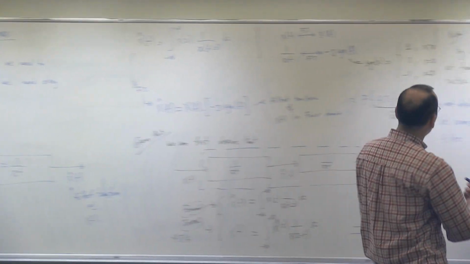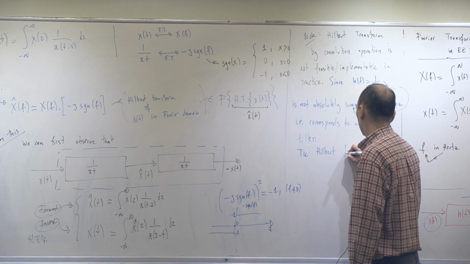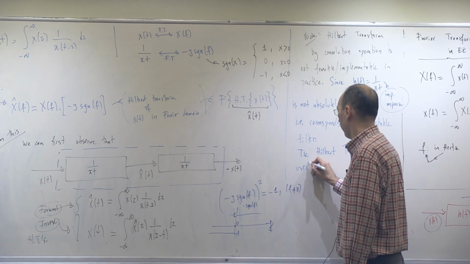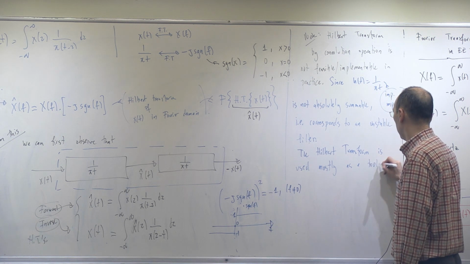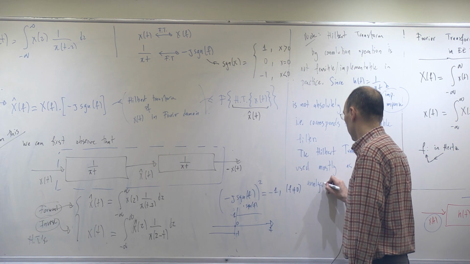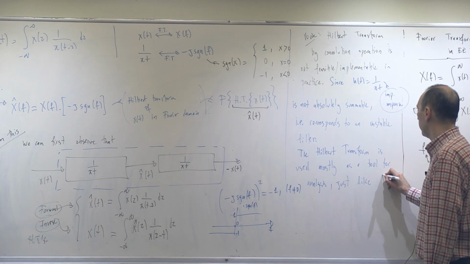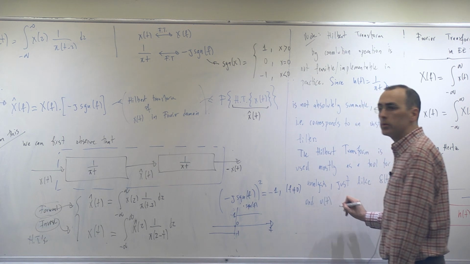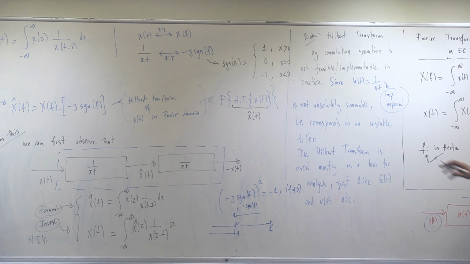So what's going on? Why are we discussing this? The Hilbert transform is used mostly as a tool for analysis, just like, let's say, the Dirac delta function and u of t, the unit step function, etc. If you think about that, even the unit step function is not absolutely summable.